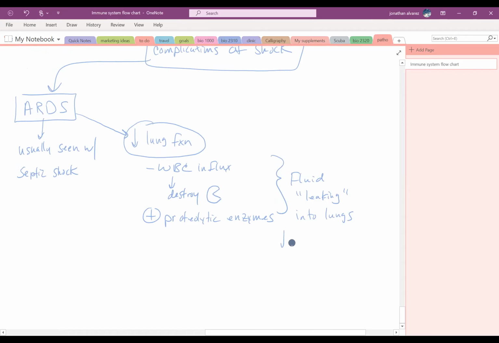And this decreases gas exchange. So therefore, decreased oxygen, so hypoxia, and then all the stuff that comes with that. So acute respiratory distress syndrome.